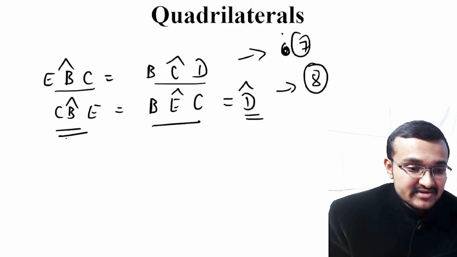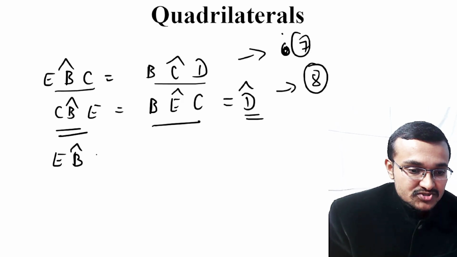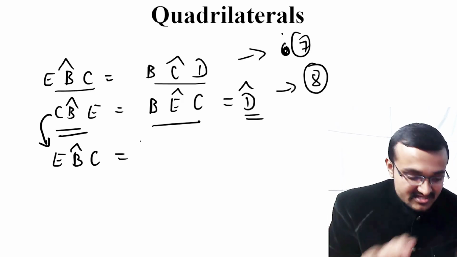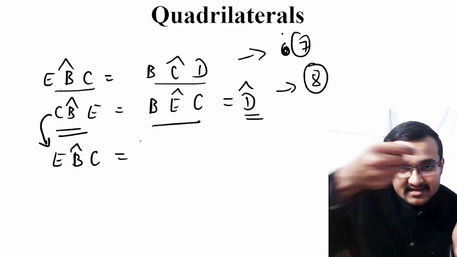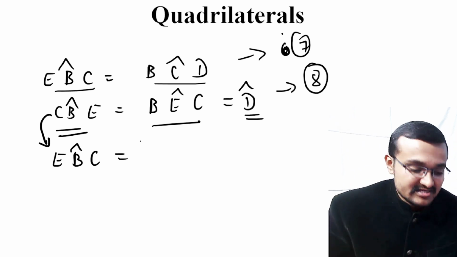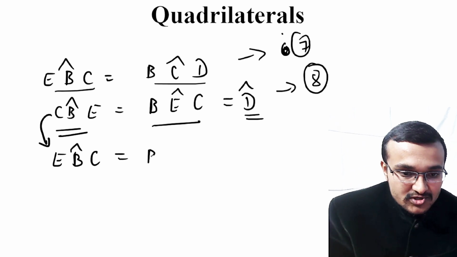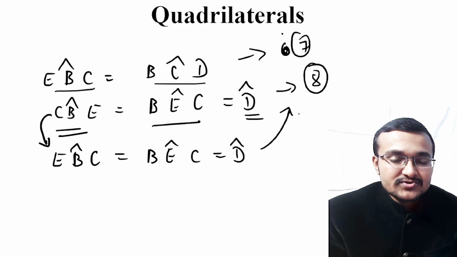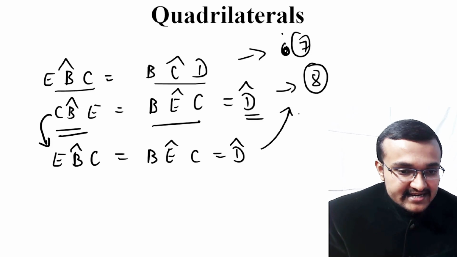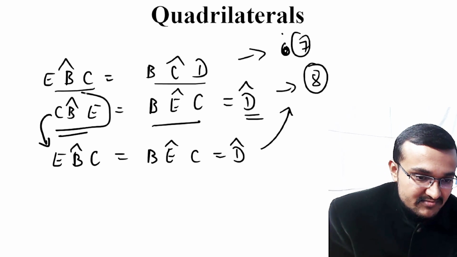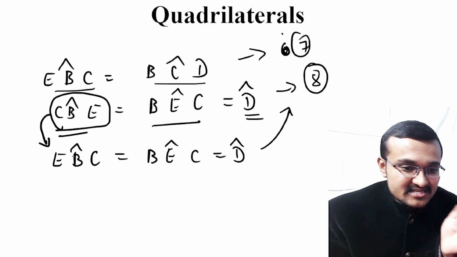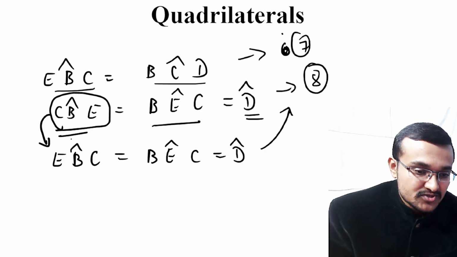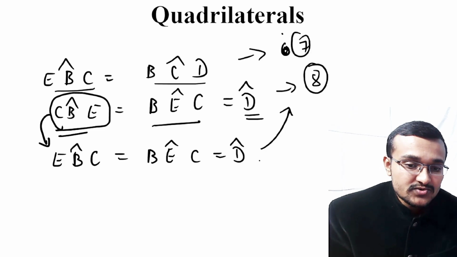Here this particular CBE I can write as EBC as well, because I am just interchanging the outer points, C to E and E to C. So EBC is equal to BEC, which is equal to D. This is similar to equation 8.